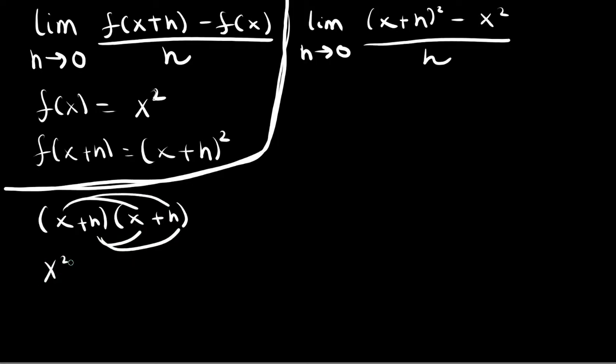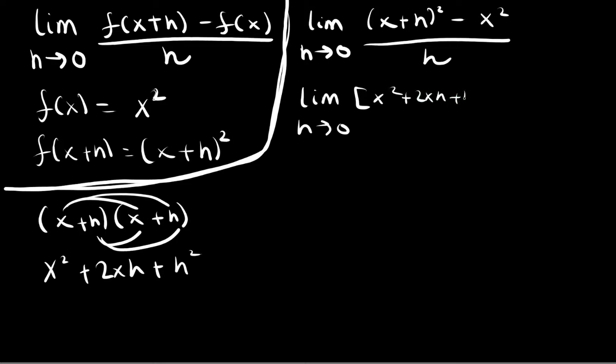So it's x squared plus xh plus xh, which is 2xh, plus h squared. So this becomes limit as h approaches 0 of x squared plus 2xh plus h squared minus x squared over h.